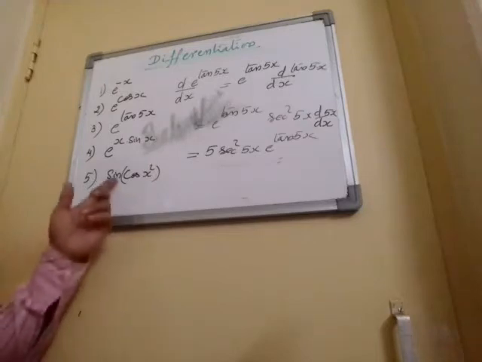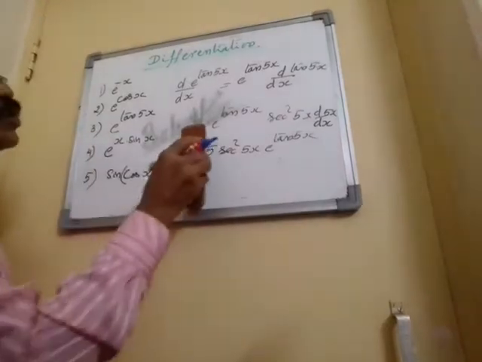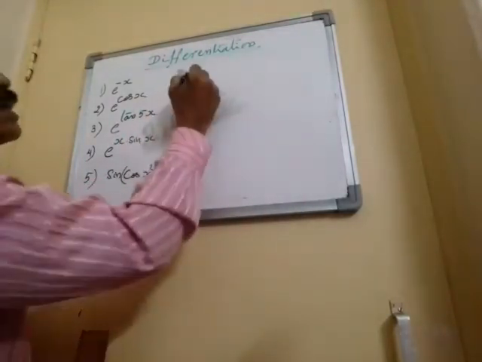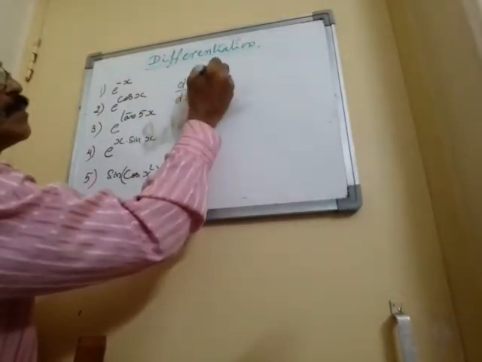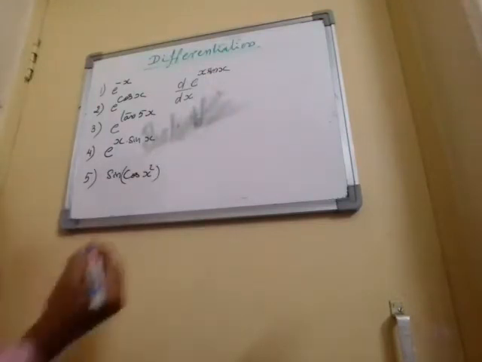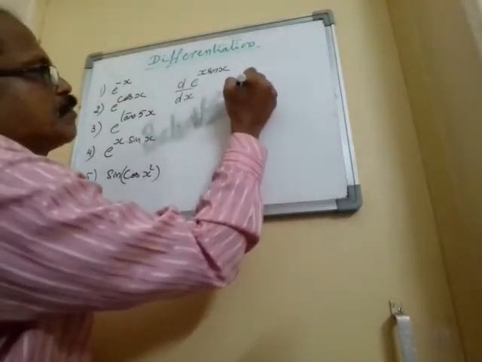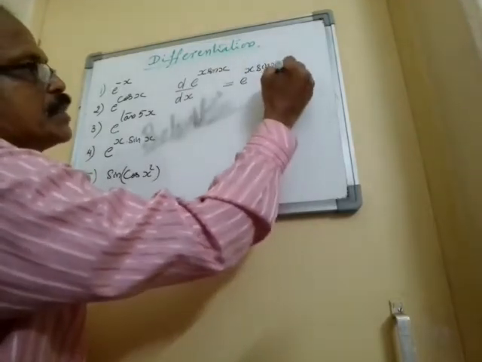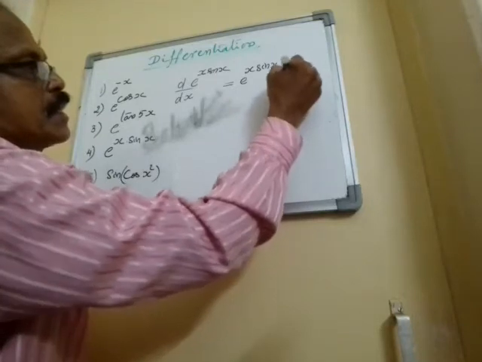Okay, now see the fourth question, d by dx of e to the power x sin x. So e to the power x sin x will be e to the power x sin x again. Now that x sin x you have to differentiate again, d by dx of x sin x.